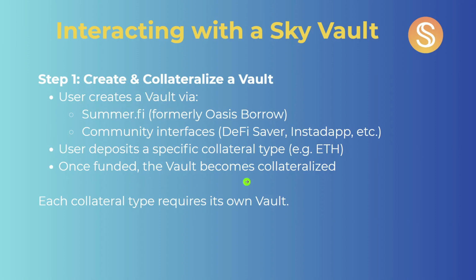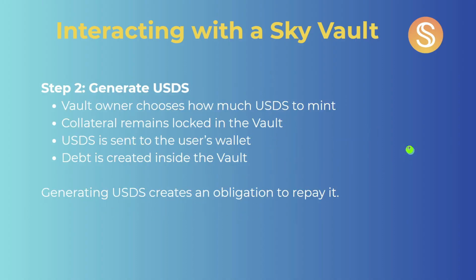Once funded, the vault becomes collateralized. Each collateral type requires its own vault. Step two, we need to generate USDS. The vault owner chooses how much USDS to mint. The collateral remains locked in the vault. USDS is sent to the user's wallet. Generating USDS means that we are creating an obligation to repay it.